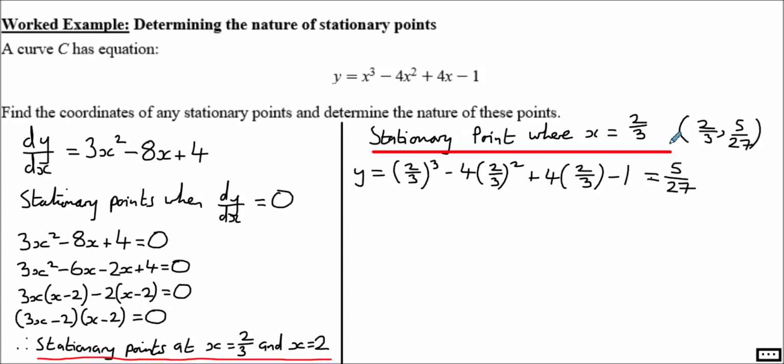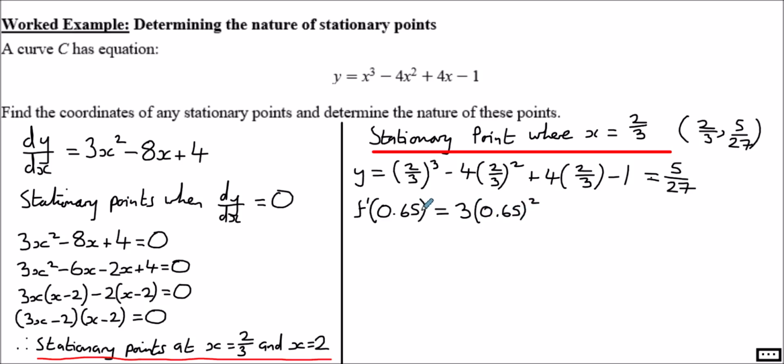Now you should hopefully know well by now that 2/3 as a decimal is about 0.66666, and so we can try working out the gradient just before that. So instead of 0.6666, let's go for where x is 0.65. And so when x is 0.65, let's compute the gradient for that point. So we'd have 3 lots of 0.65 squared.